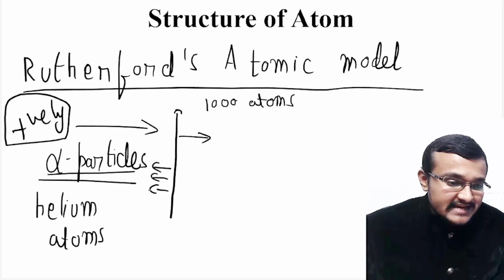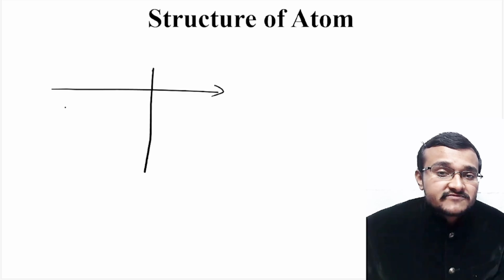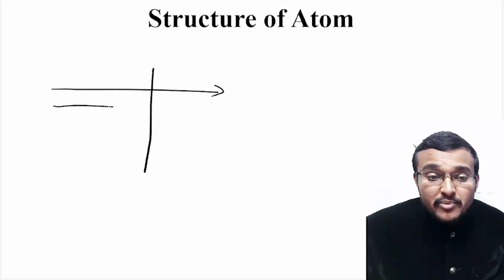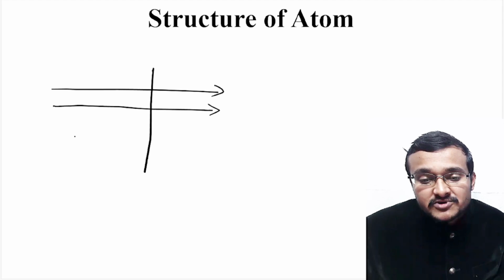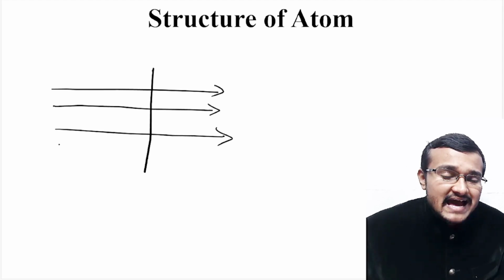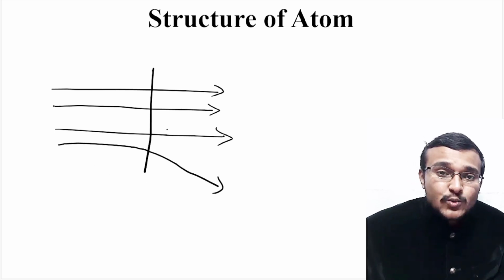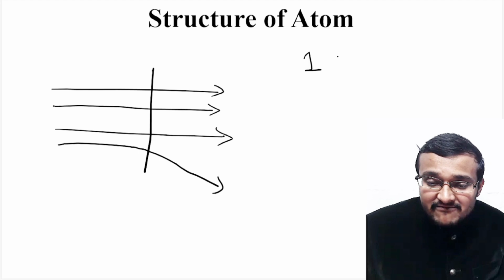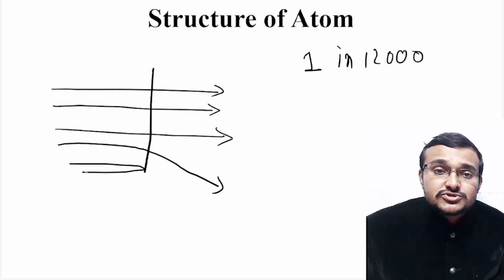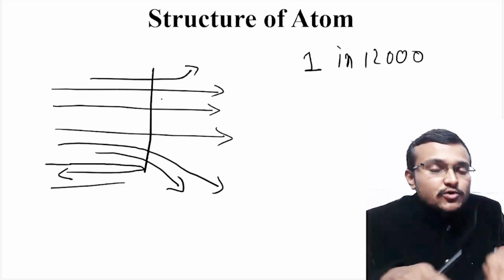But after doing the experiment, to his surprise, he observed that most of the alpha particles which struck this gold foil passed through it, and a very small amount of alpha particles had a slight deflection, and 1 in 12,000 alpha particles bounced back. Most alpha particles passed through the gold foil.